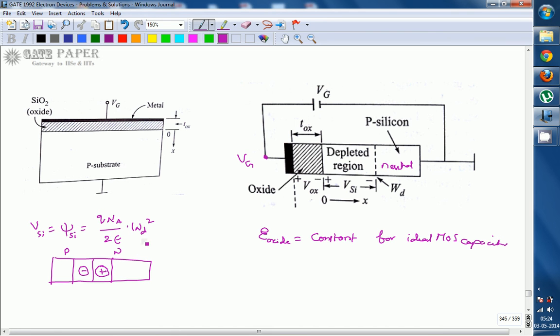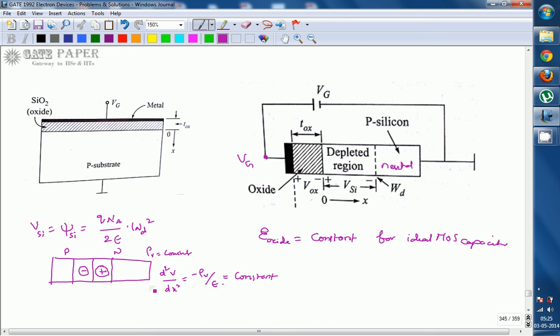Then rho v is treated as constant. From Poisson's equation, d square v by dx square is equal to minus rho v by epsilon, which is constant when the p side and n side are uniformly doped.